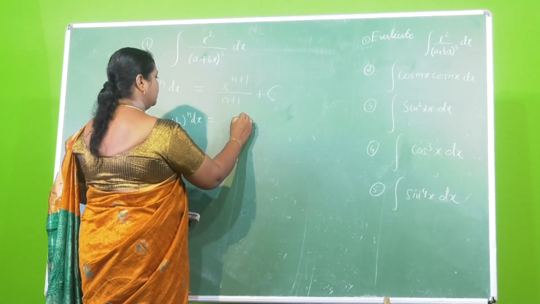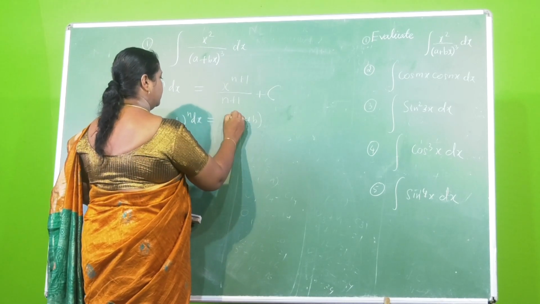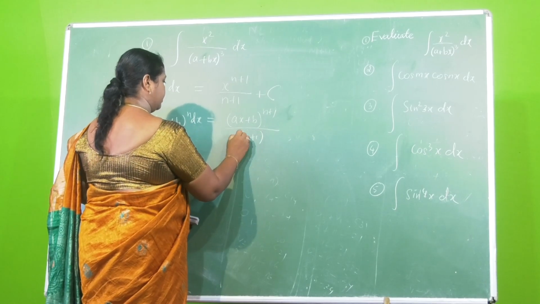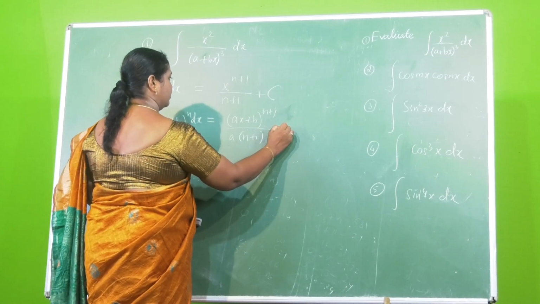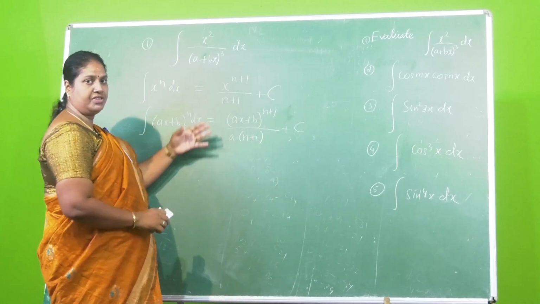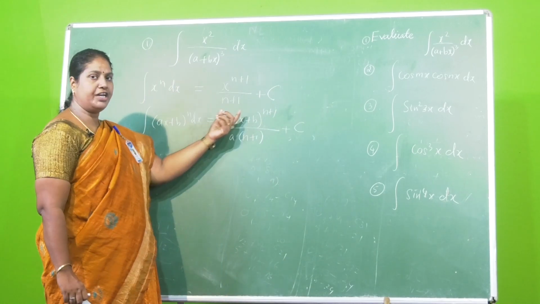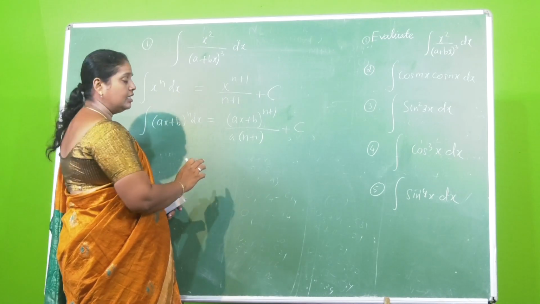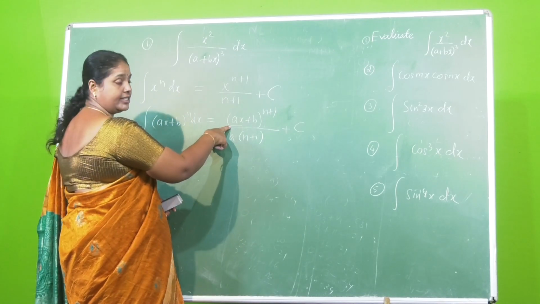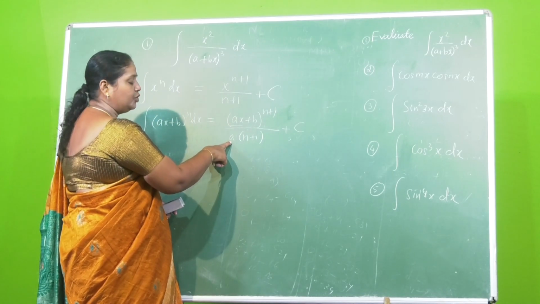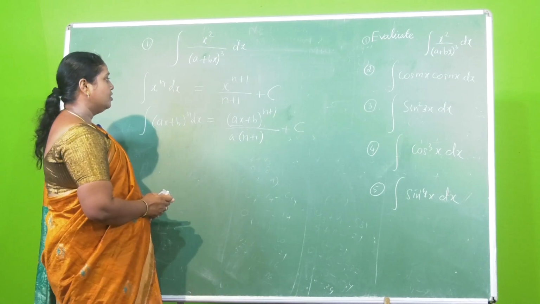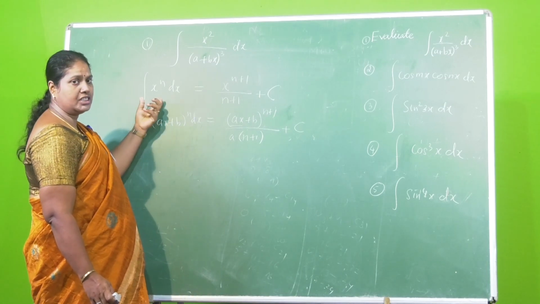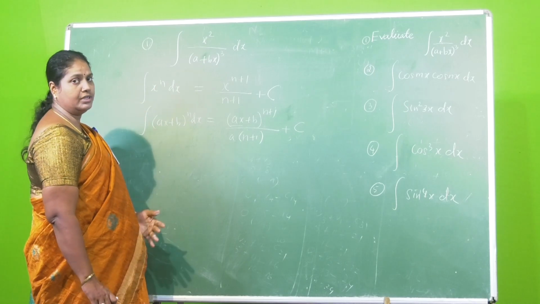It will be the same thing, that is ax plus b the whole power n plus 1 divided by n plus 1. As said in the first formula, the coefficient of x, that is a, will come to the denominator. We are going to use these formulas to solve this integration.